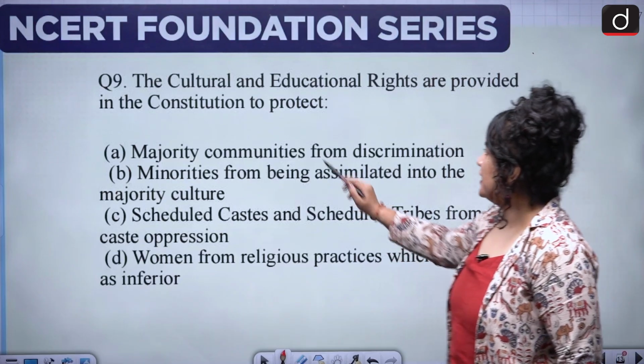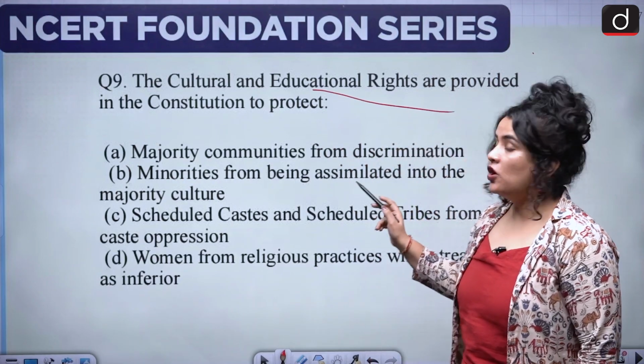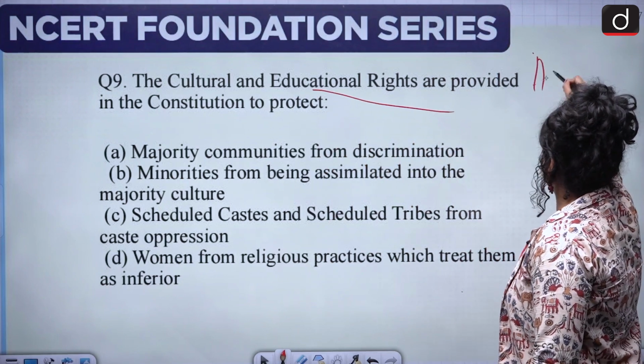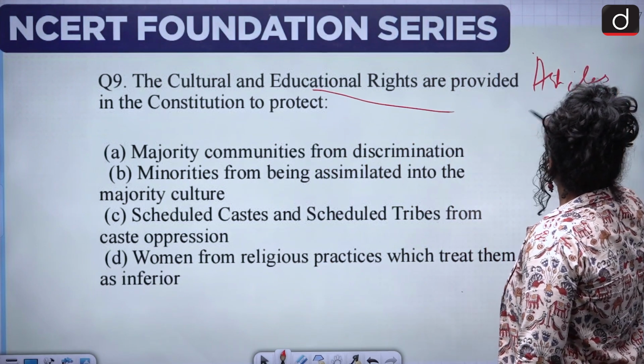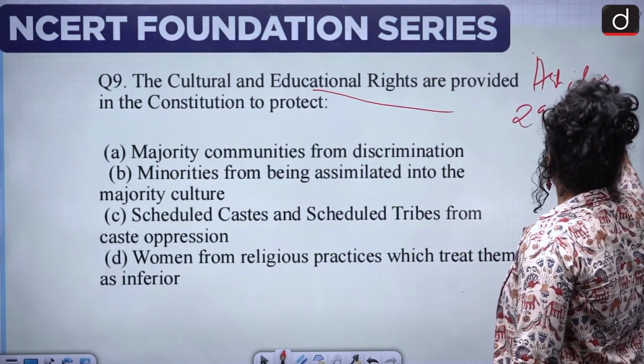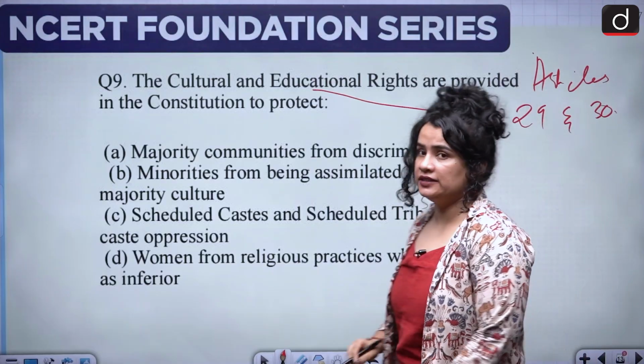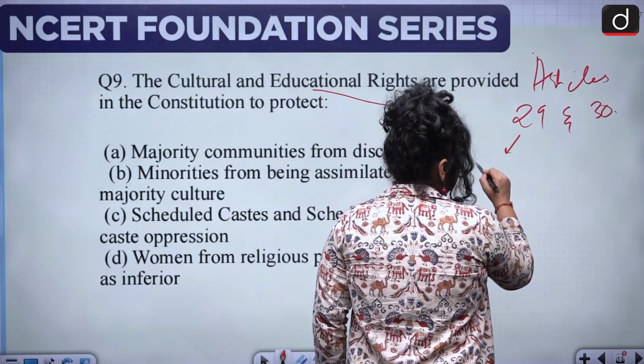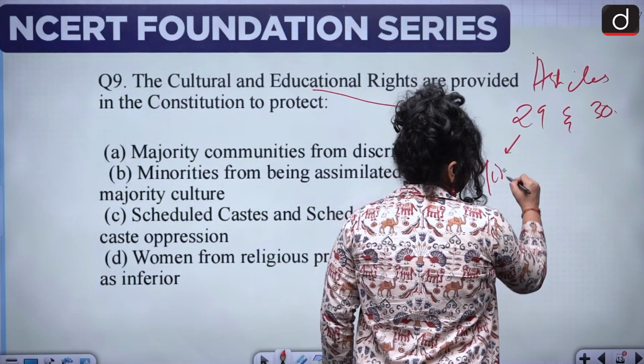The cultural and educational rights are provided in the Constitution to protect. Now, when we talk about cultural and educational rights, we are talking about Articles 29 and 30. Article 29 has to do with protection of interests of the minorities.